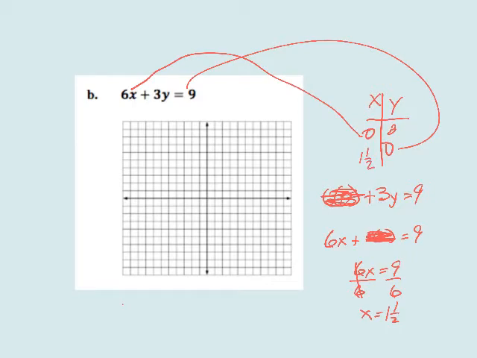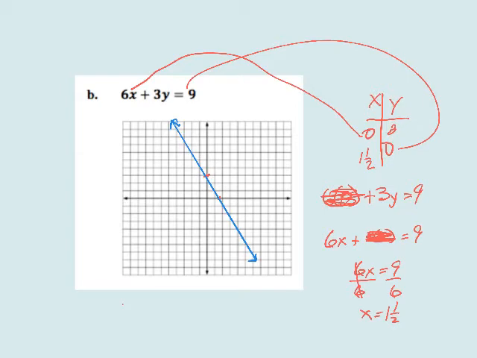So I put a point at 0 over 3 up, and I put a point at 1.5 over 0 up. I connect those points with a straight line, and I be sure to put arrows on the end. And that is the easiest way to do it.